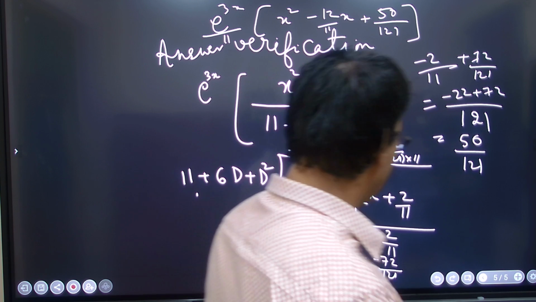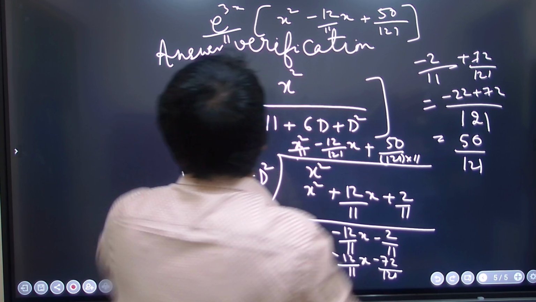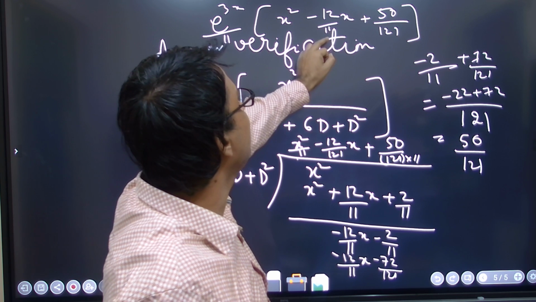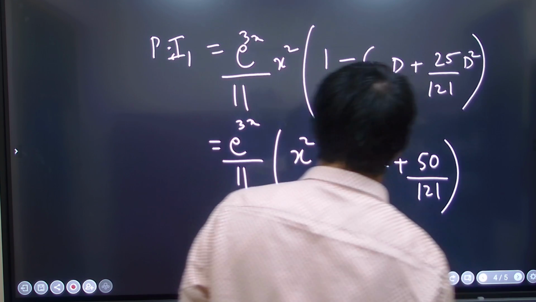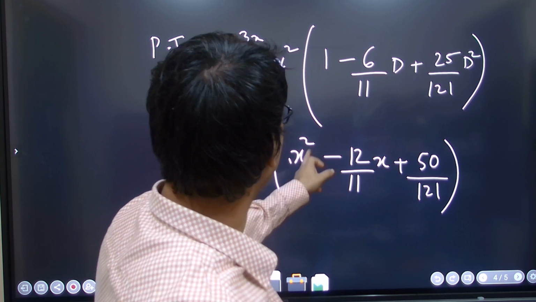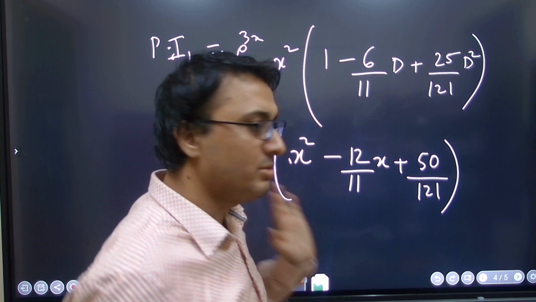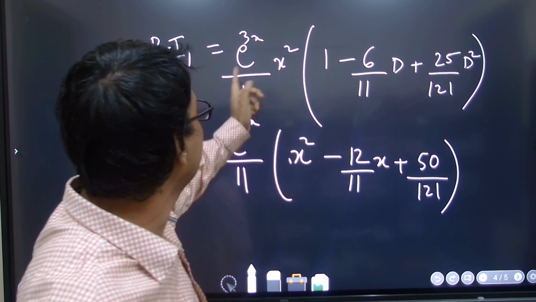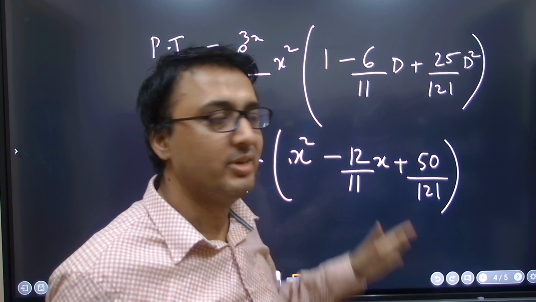If we come back to the previous page, let us see whether we get the same answer or not. x to the power 2 minus 12 by 11x plus 50 by 121. Yes, x square minus 12 by 11x plus 50 by 121. So with regard to e to the power 3x and x square, we have got our answer right. Not only that, we have verified also.